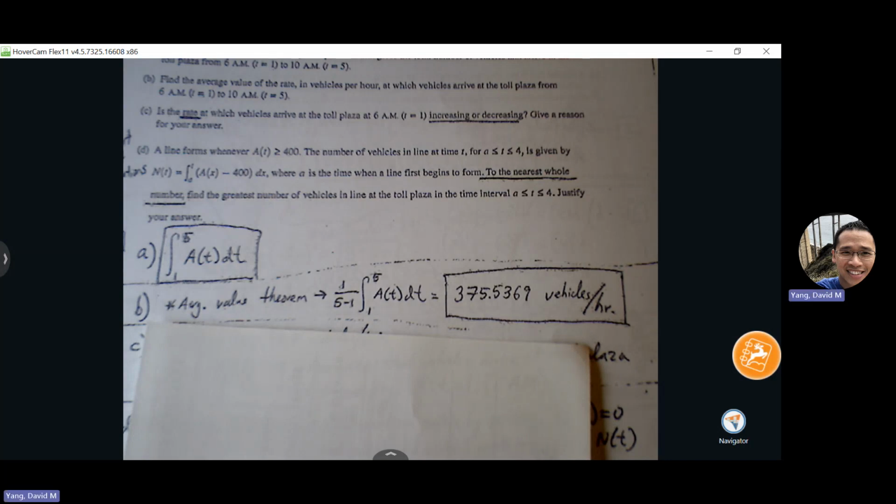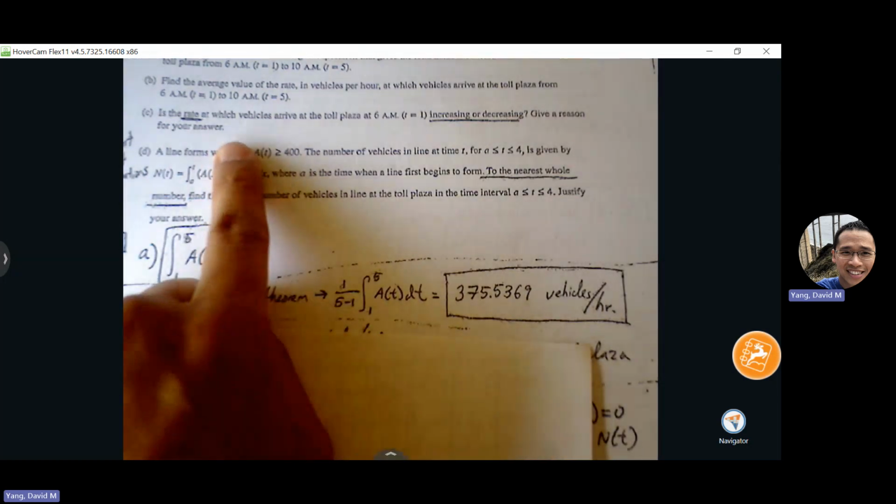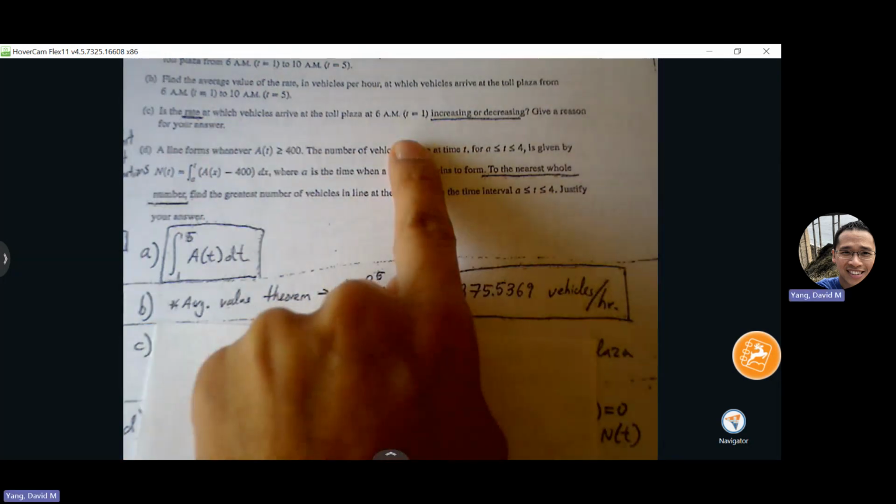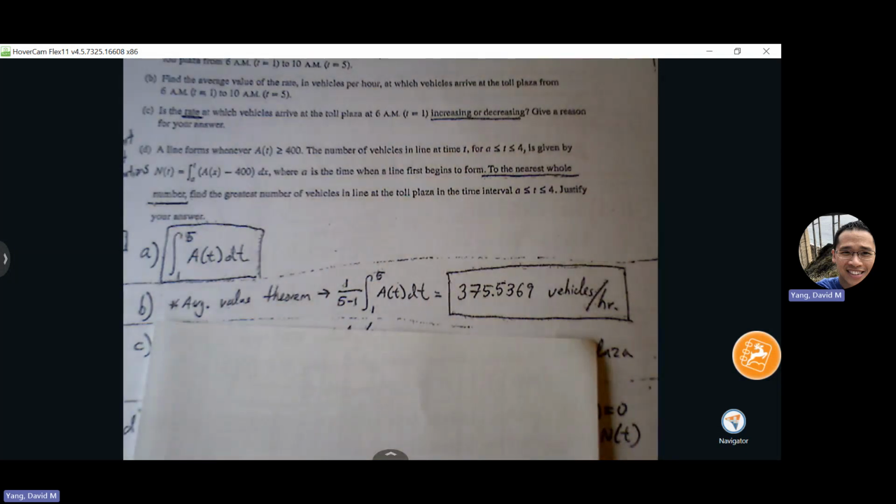And then what's our unit going to be for A prime? Yeah, the vehicles per hour squared.